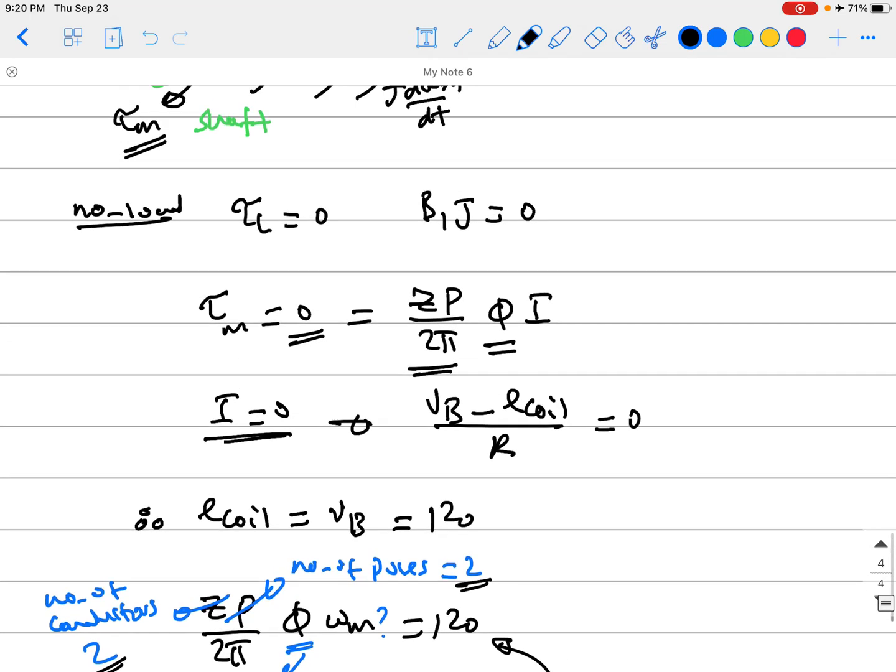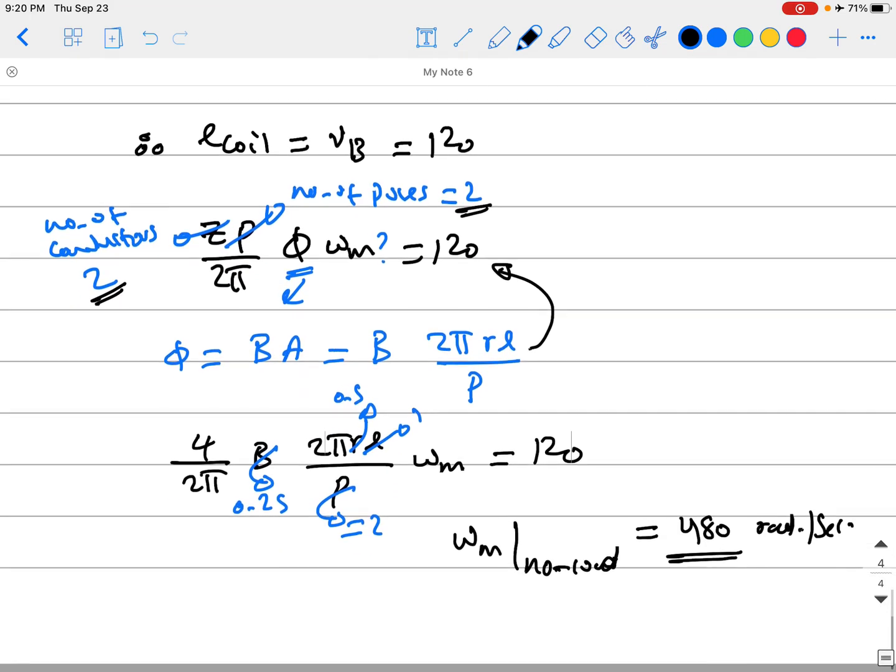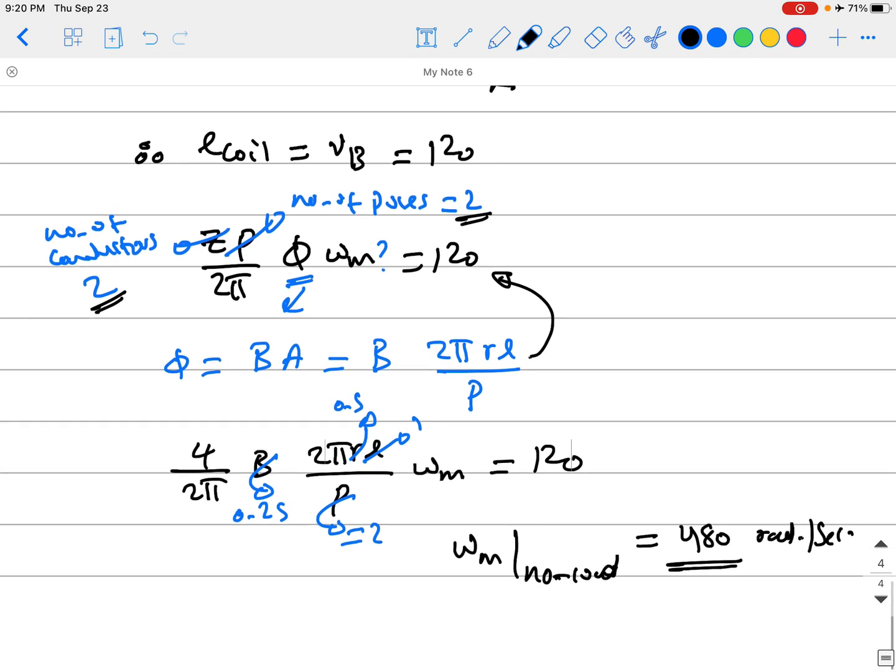So again, that's quantification of everything. Now I'm giving you an exact motor with exact dimensions and everything. I'm asking you, if you just apply this amount of voltage to the motor and let it run freely without any load, what will be its speed? You can do this in a lab, grab the actual motor, apply the voltage to it and measure the speed. But we don't play with this.